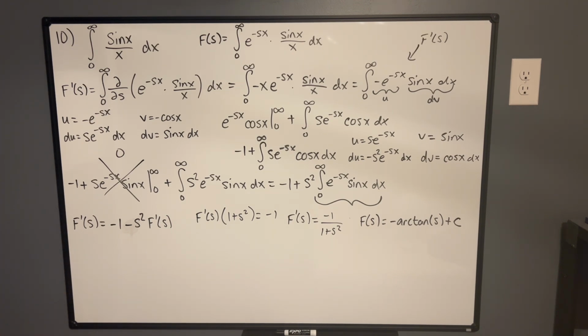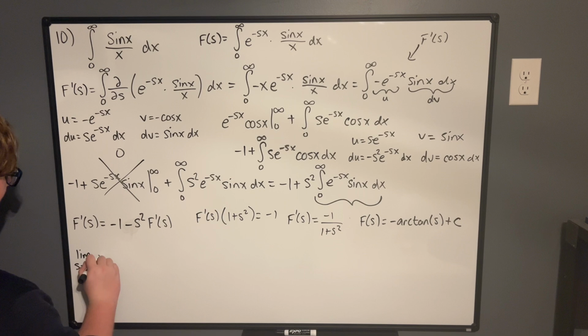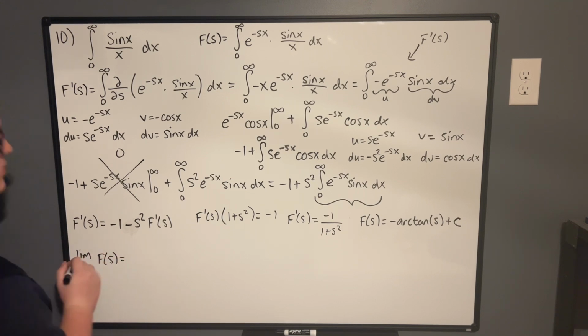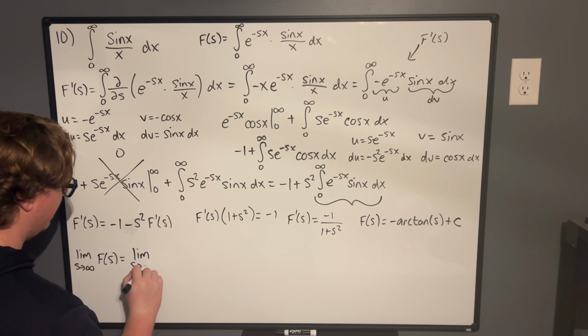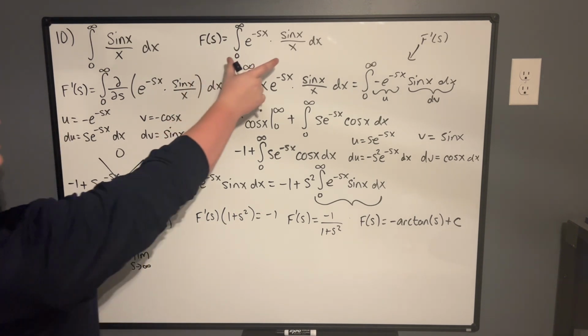So the way we're going to do that is we're just going to compare the limits of both of these as they go to infinity, right? Our integral goes from 0 to infinity. So we'll compare the infinite limits. So we know that the limit as s goes to infinity of f of s can be written in two different ways. It can be written as the limit as s goes to infinity of the original integral, right?